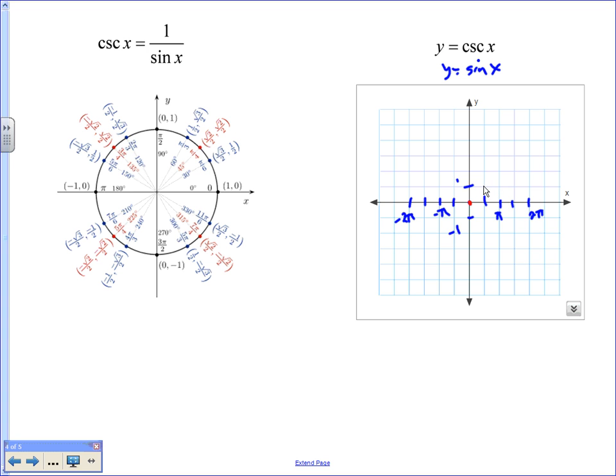Then if it's positive, it goes up first to our amplitude, and then it goes back to 0, goes down to our bottom amplitude, then comes back up to 0. So it's going to look like this. And then I can do it the other way.